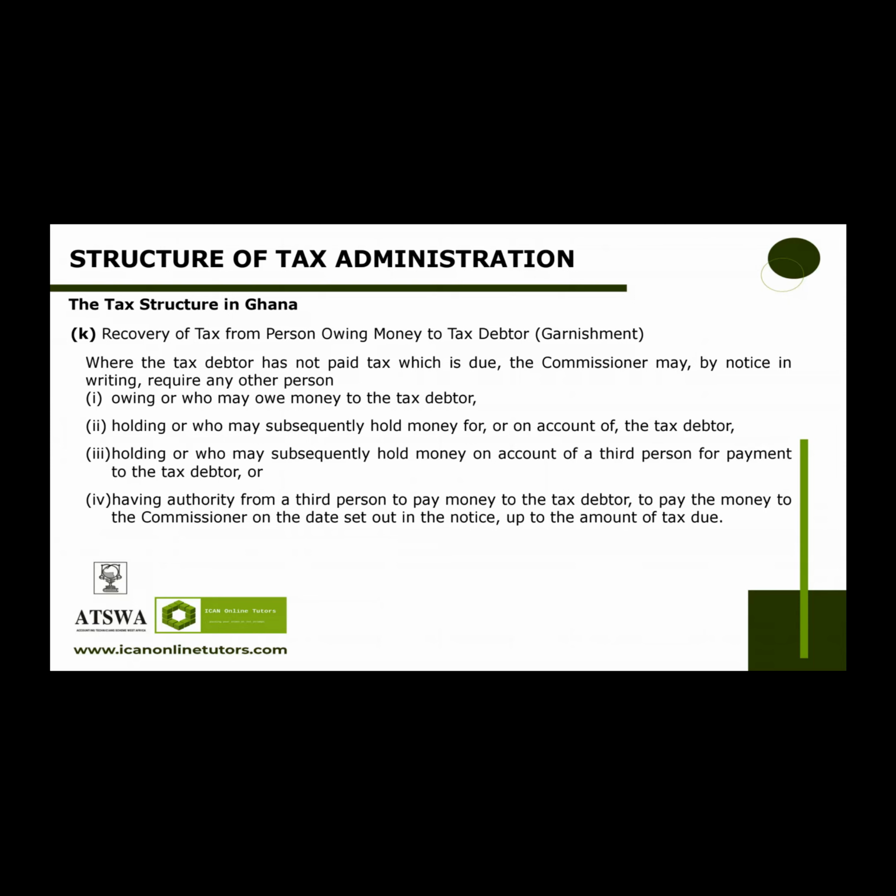So to explain the recovery of tax from person owing money to tax debtor, it should be noted that the tax debtor will be served a copy of the notice, and a person served with notice as enumerated earlier who is unable to comply with the notice by reason of lack of monies, that is after he has received notice of assessment to pay a particular tax, shall as soon as is practicable notify the commissioner accordingly in writing, setting out the reasons for the inability to comply.